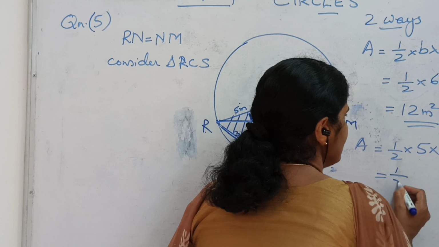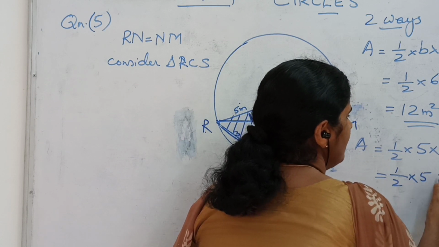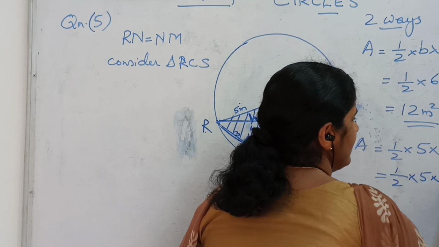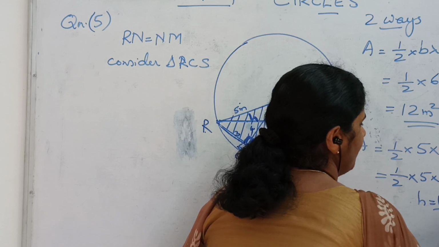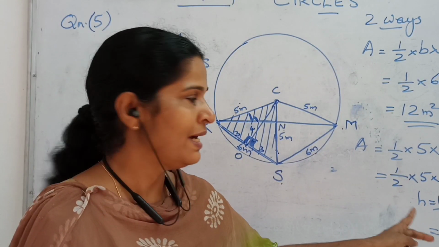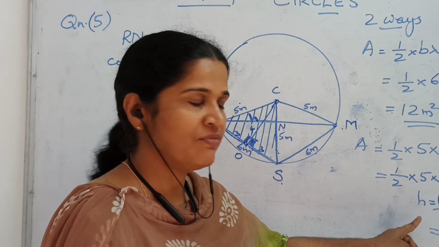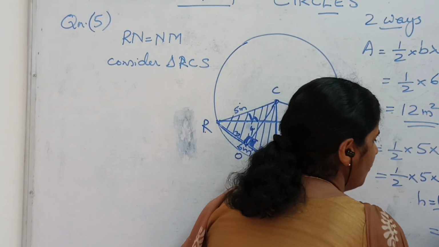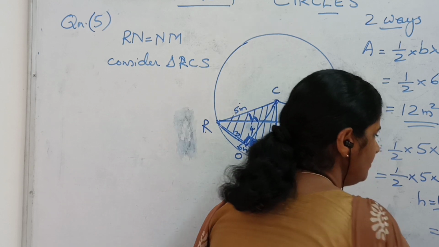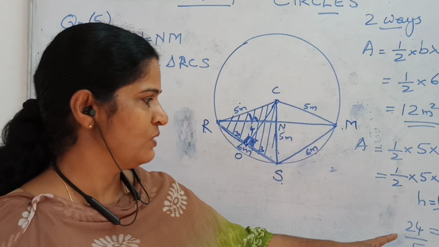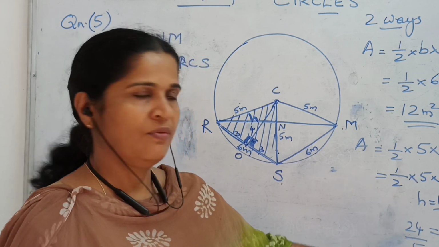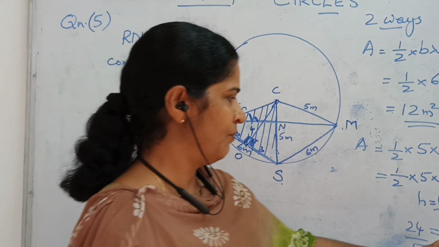So this will come as 12 equals half into 5 into H, where RN is H. H is equal to 12 into 2 by 5. When you bring all to the other side, only one variable H is left. H is equal to 24 by 5, which is 4.8. When you divide it, 5 4s are 20, 4 will come, 5 8s are 40.